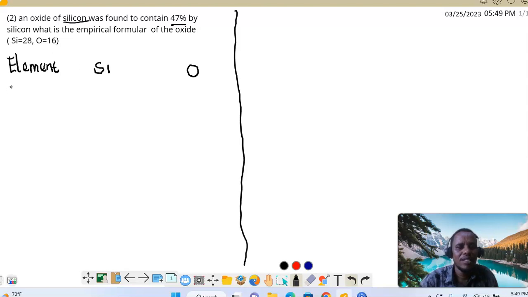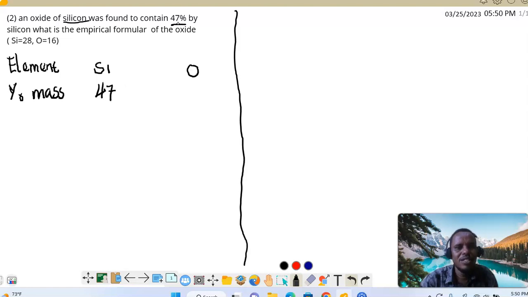Next, instead of writing mass, this time you write percentage mass. The percentage mass of silicon is 47, because they told you an oxide of silicon was found to contain 47%.